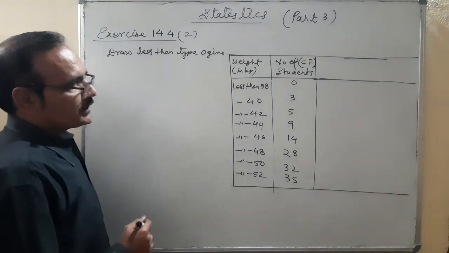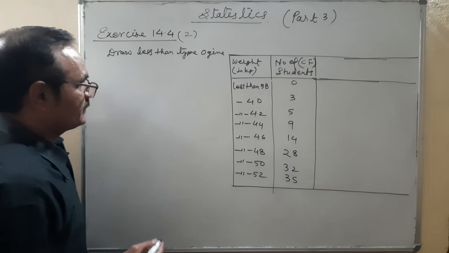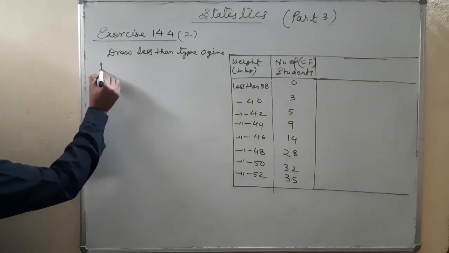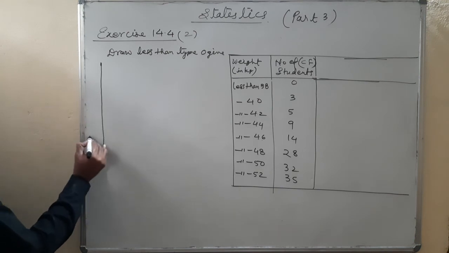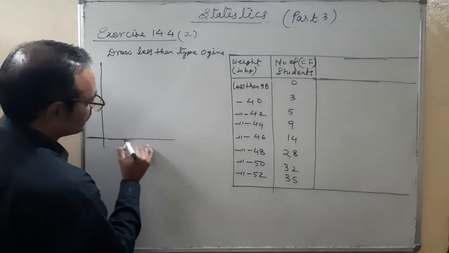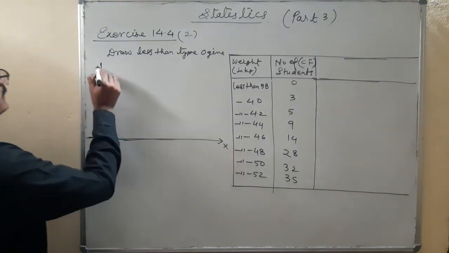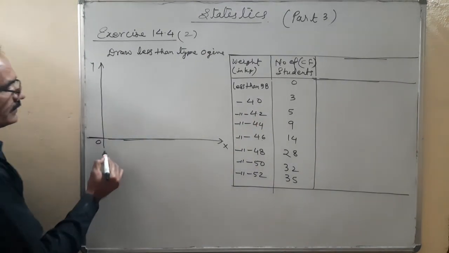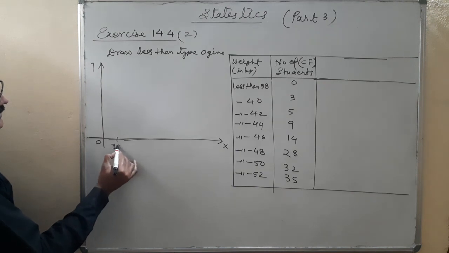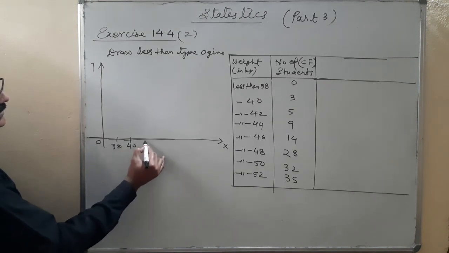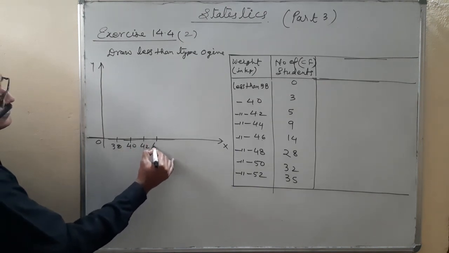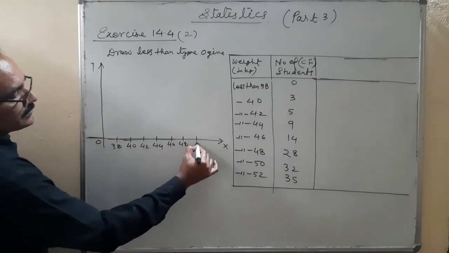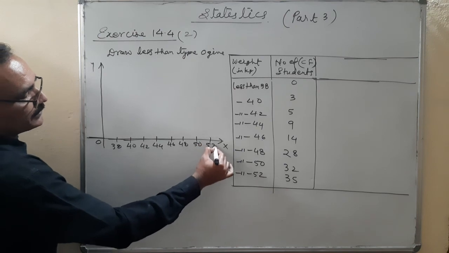The first part of the question says draw the less than type ogive. Simply we can draw the less than type ogive. Nothing special in it, because we have the two columns which are required. X, it is Y. On the x-axis: 38, 40, 42, 44, 46, 48, 50 and 52.